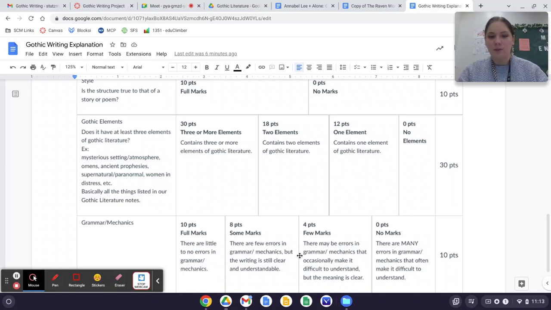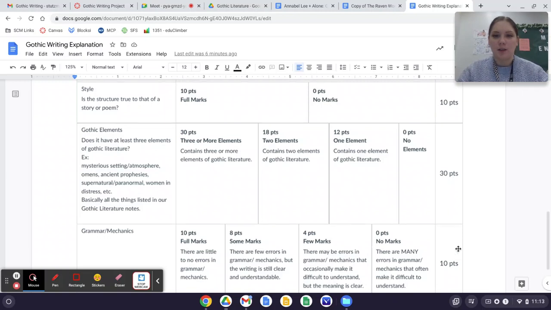As long as your writing is clear and understandable, you will get a good score. If it gets to the point where it's hard to read, that's when you start to lose points. So be sure to double check your work.